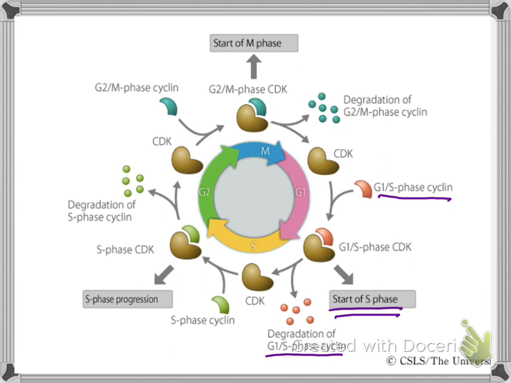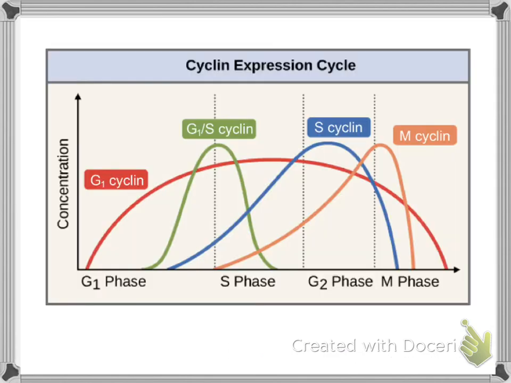As S phase happens correctly, S phase cyclin builds up, binds to the S phase CDK, and activates some proteins that help it move on to G2. So we see the progress of these different cyclins occurring.